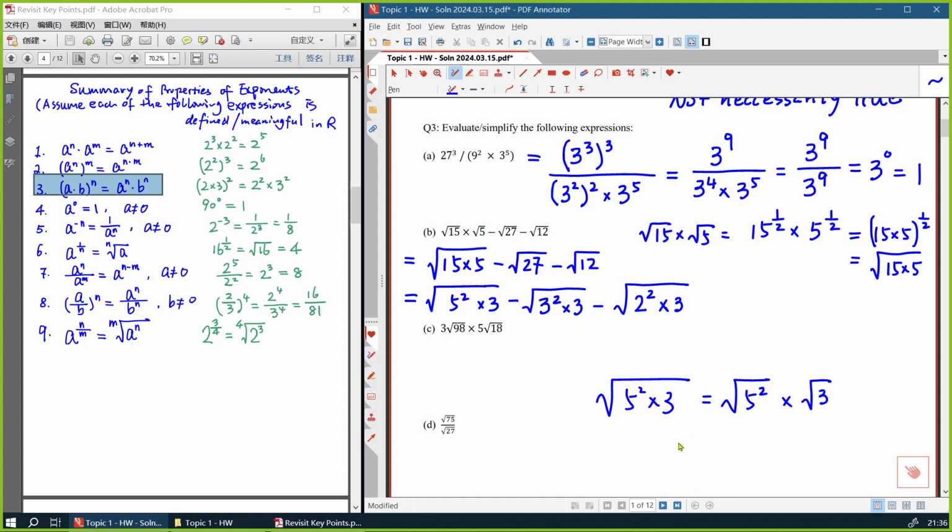Can you see that? And again, the square root of 5 to the power of 2, this is actually 5 to the power of 2, then to the power of 1 over 2. Then 2 times 1 over 2 is actually 5 to the power of 1, right? So that gives you 5. Can you see that?